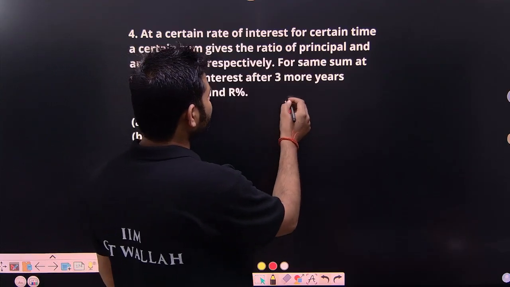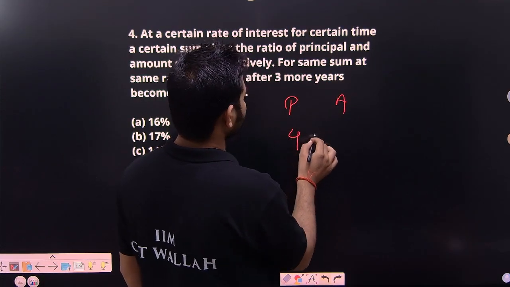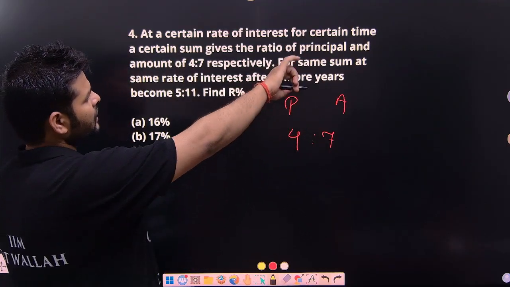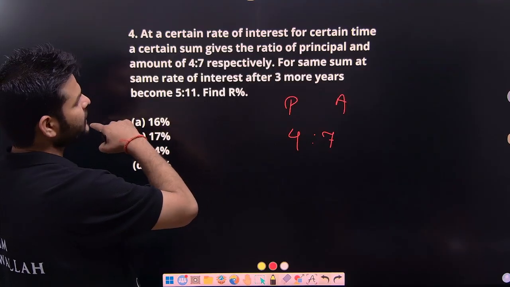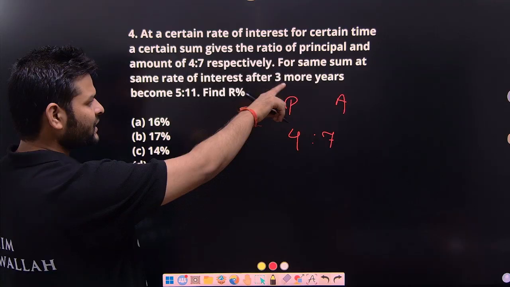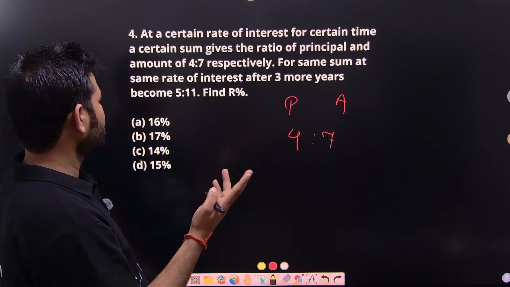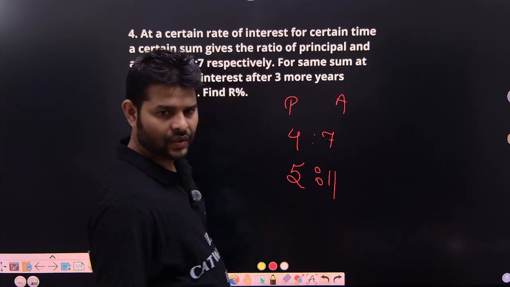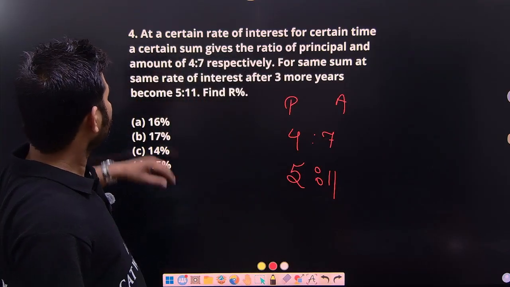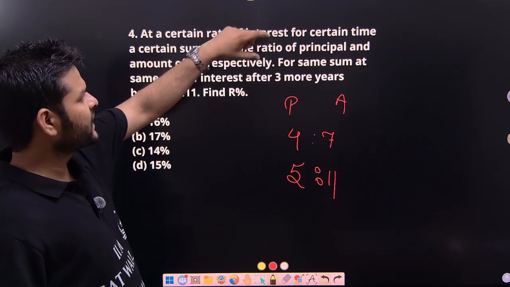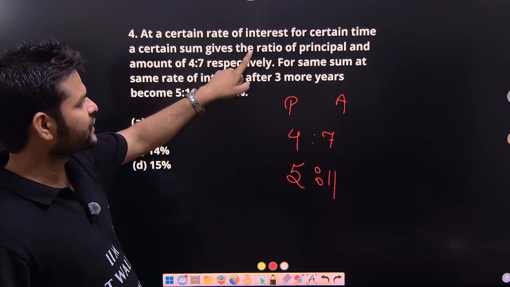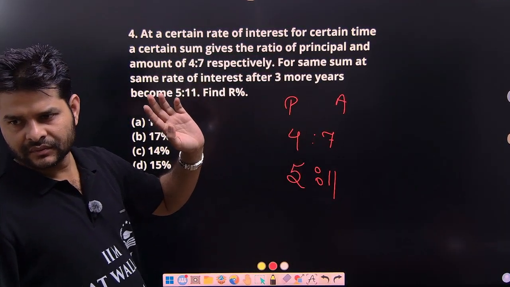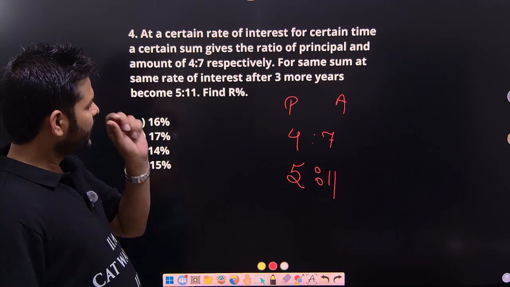So basically the principal and amount ratio we have been given is 4:7.